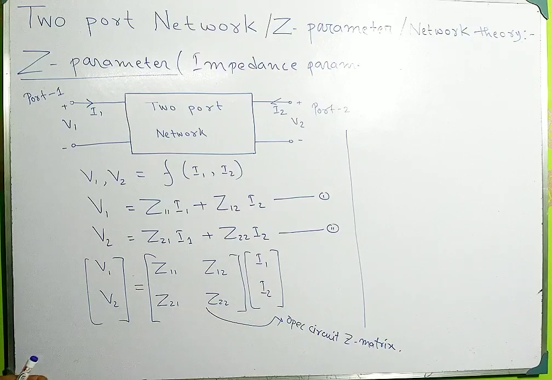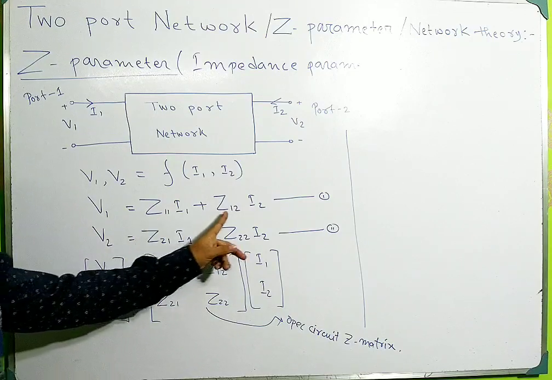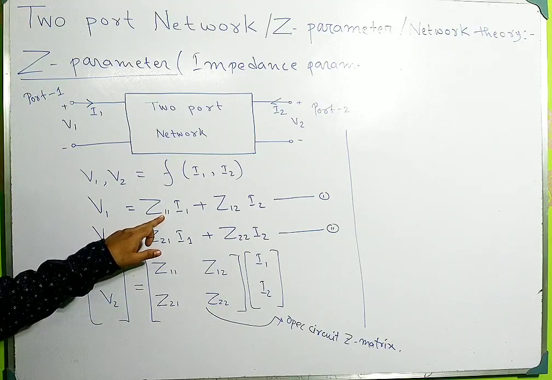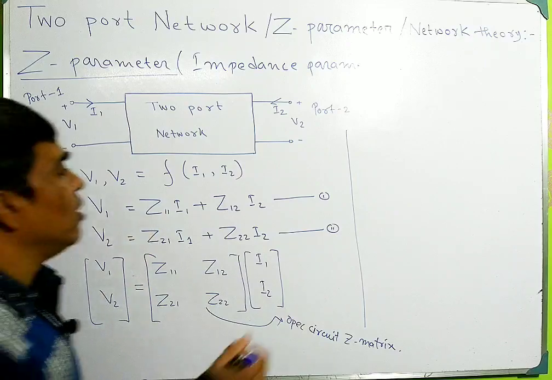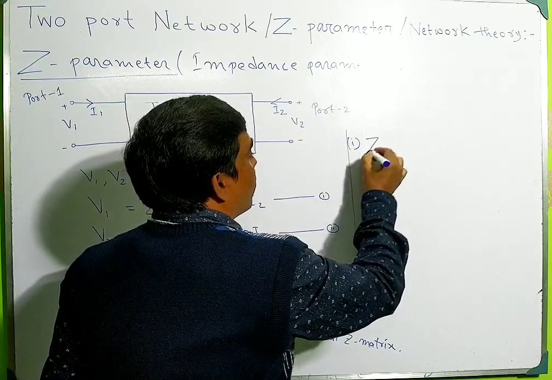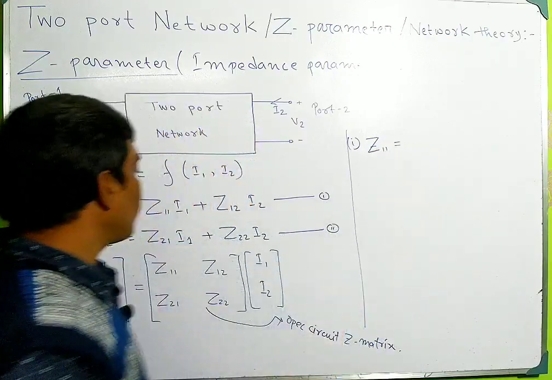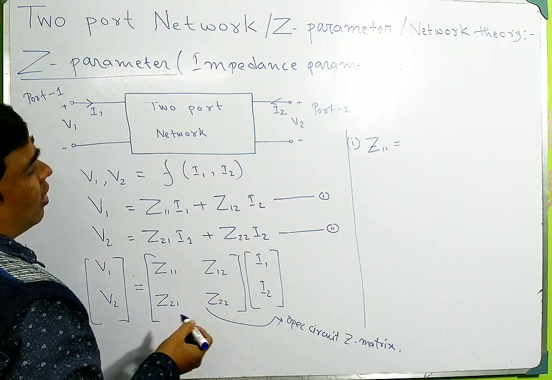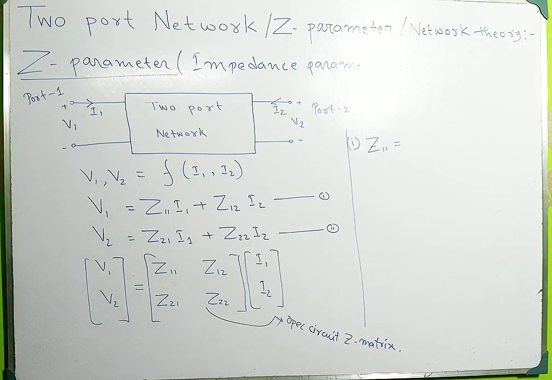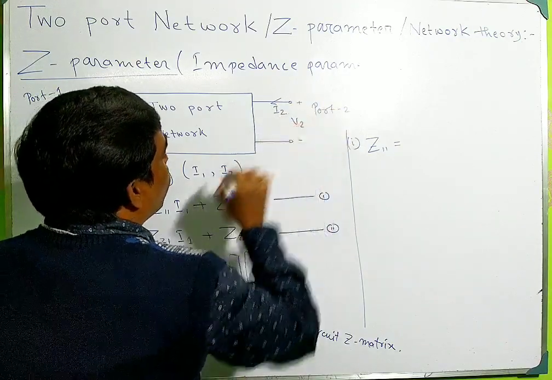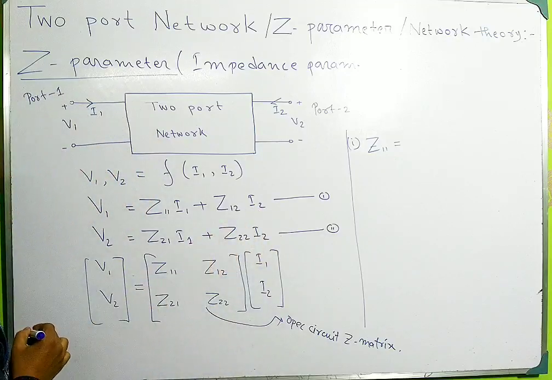Now we will define these four Z parameters. First of all, what is the Z11? If I open circuit port 2, then I2 will be 0.